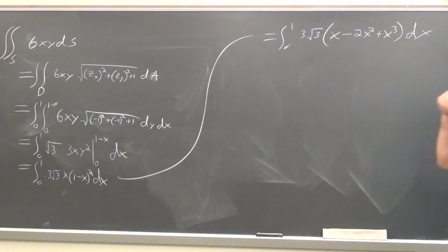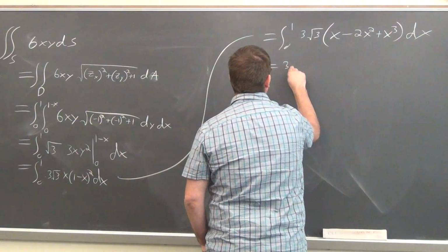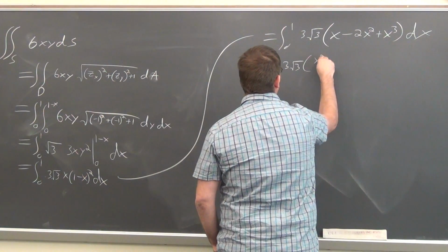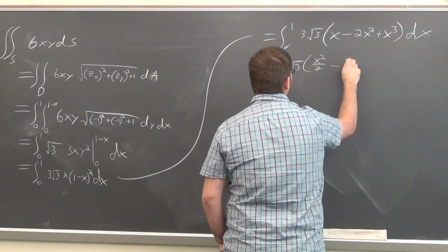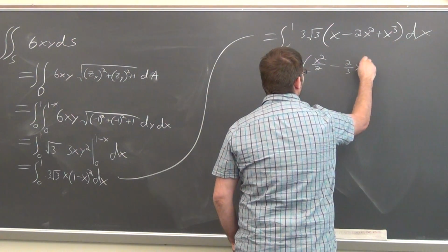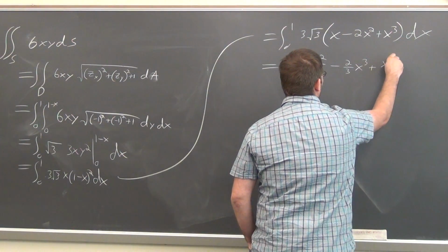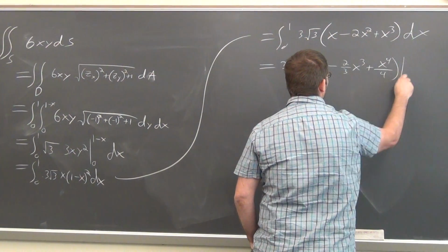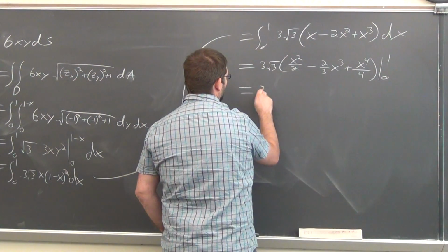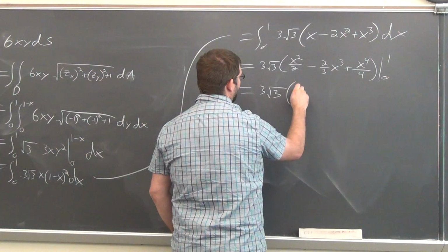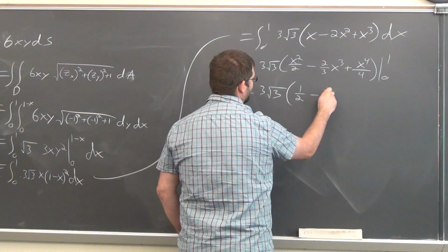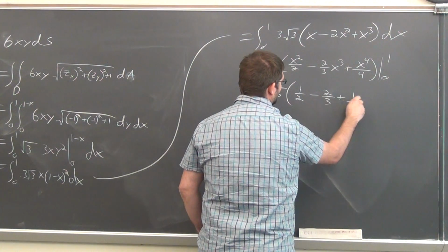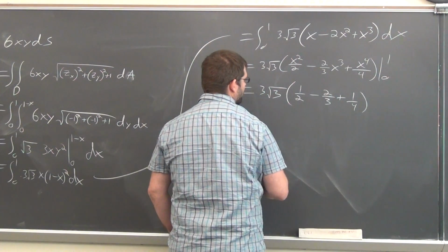All right, and then that'll give us 3 root 3 times x squared over 2 minus 2/3 x cubed plus x to the 4th over 4, from 0 to 1. So 3 root 3 times 1/2 minus 2/3 plus 1/4.